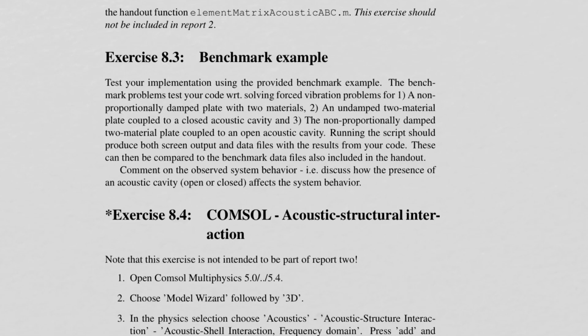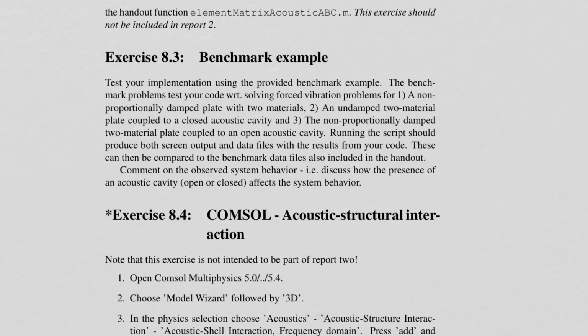And exercise 8.3 is the one that should be reported, and that is running a benchmark example. So you need to implement both the coupling matrix and the acoustic absorbing conditions, and things could go wrong, of course, in this case.